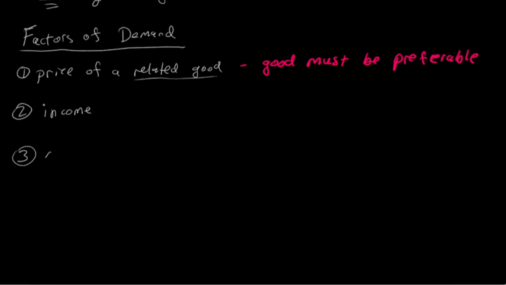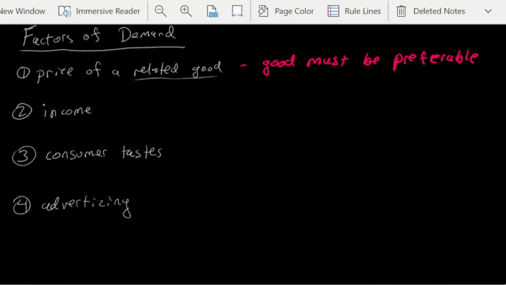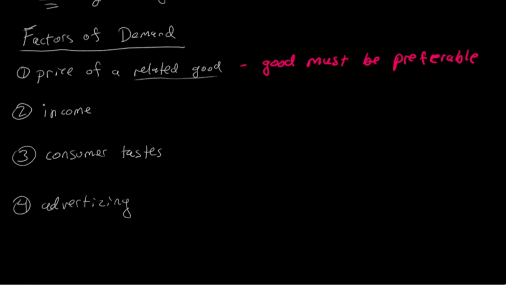The third piece is consumer tastes. So this is not rocket science. Consumers just have to like the good. Nobody wants something that they don't like. So that's all that one is saying. And then the fourth piece is advertising. So the consumers actually have to know about the good. See if I can make some notes.